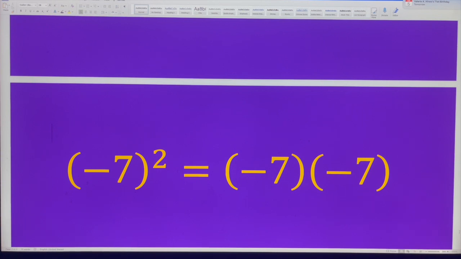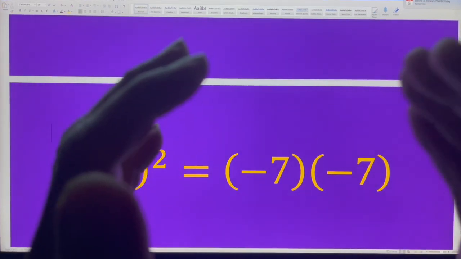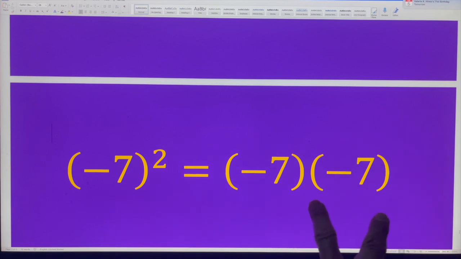Siri said 49. But what was kind of cool was that as Siri spoke, this particular expression also appeared on my phone screen. It showed how Siri got 49, and it showed the expression -7 times -7 in parentheses, which means that it was programmed to recognize the correct way to square -7.